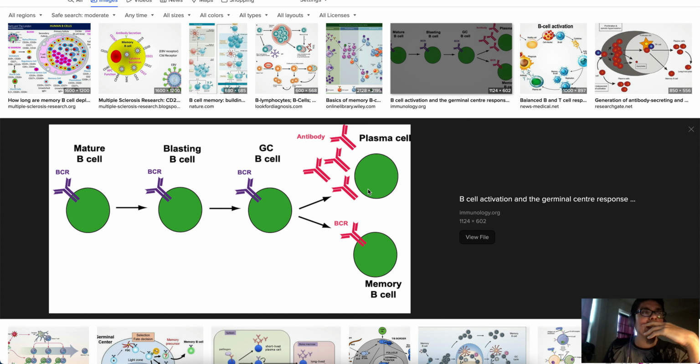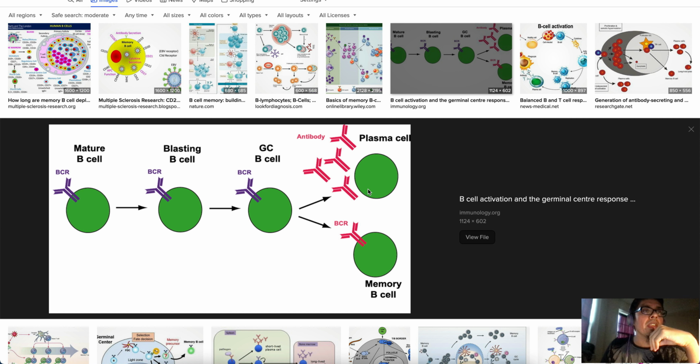Remember, this activation occurs because an antigen is present for the macrophage. A pathogen is consumed by the macrophage, which presents an antigen on its major histocompatibility 2 complex.